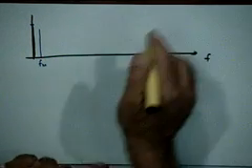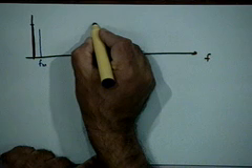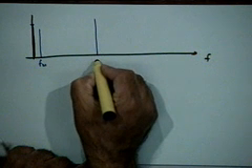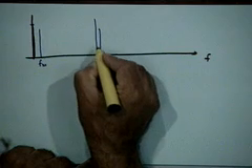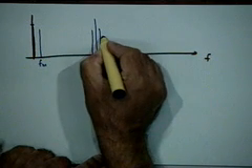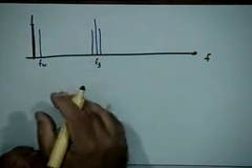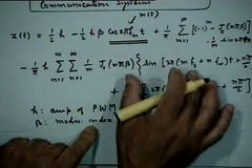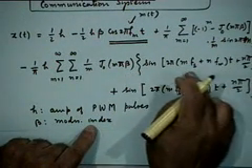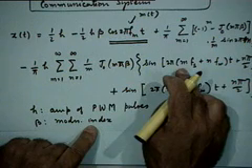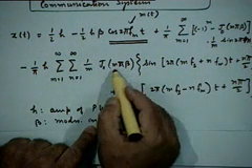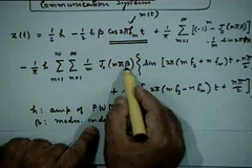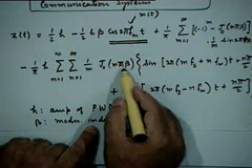Then you have a component at fs, and then you have components around fs, sum and difference. Now it turns out that how many components you have around fs, n equal to 1, will depend on various factors like beta and h, etc., particularly beta, the modulation index, right?